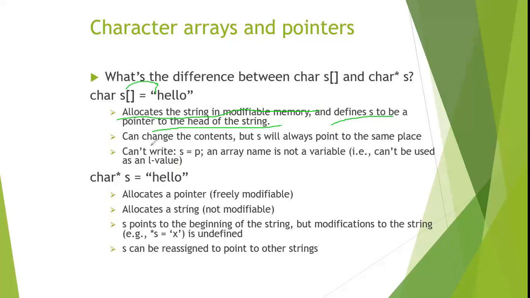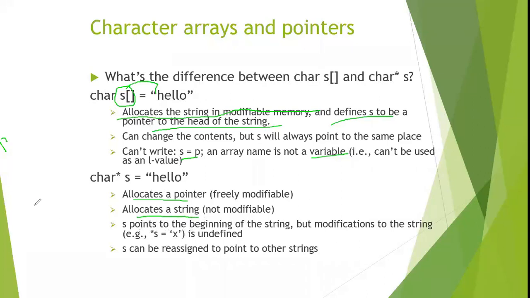But what I want to tell you is that we cannot write s = p. We cannot write s = p. Why? Because s is an array and p is a variable, right? And similarly, here I have char *s. It allocates a string, right? s points to the beginning of the string, but the modification to the string, that is %x, is undefined.